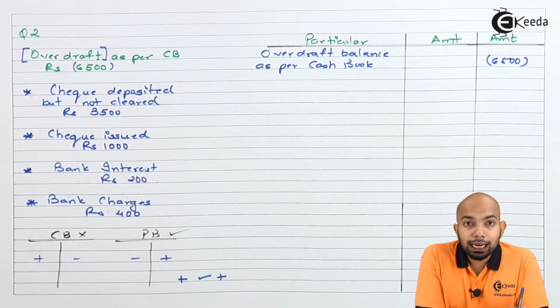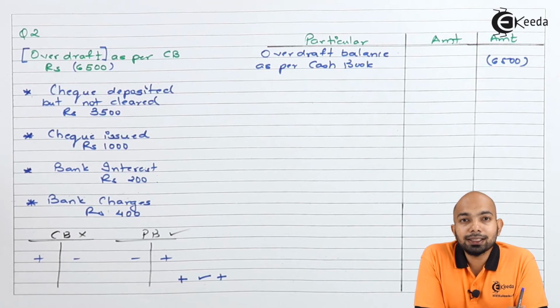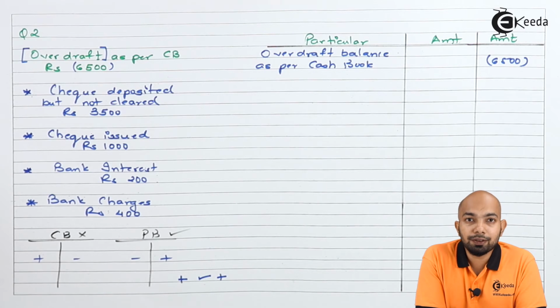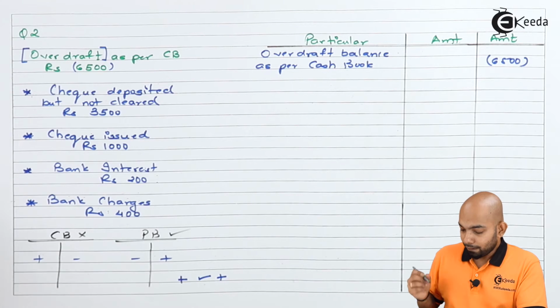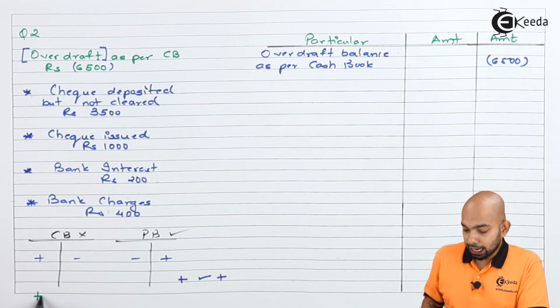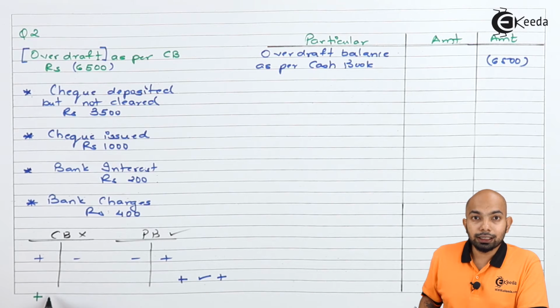As we know that this specific transaction has no effect in the passbook yet. That means the passbook shows no balance or the passbook shows no query. That means, however, this transaction has been already mentioned in the cash book. So let's go and see what is the effect of this specific transaction. It has been already added in the cash book. That means added, we have to see this specific transaction refers to the correct book or to the wrong book.